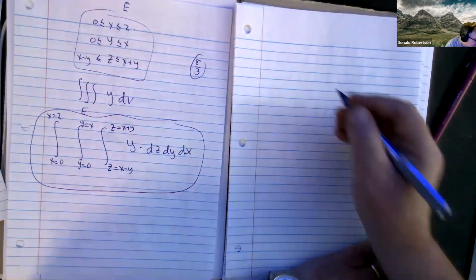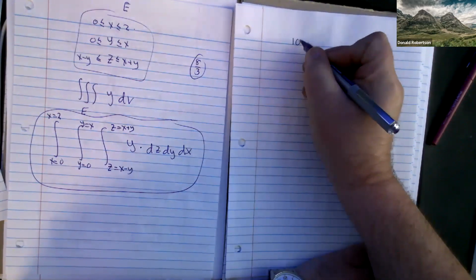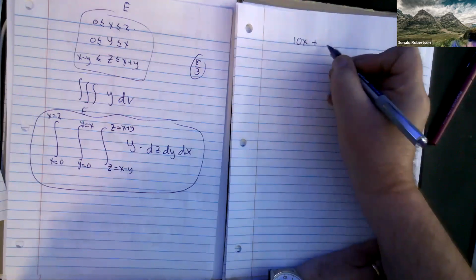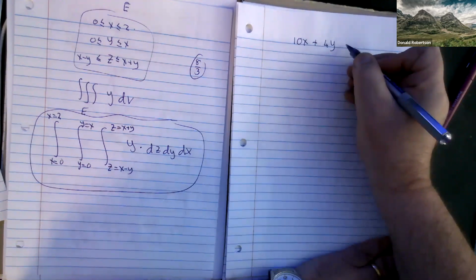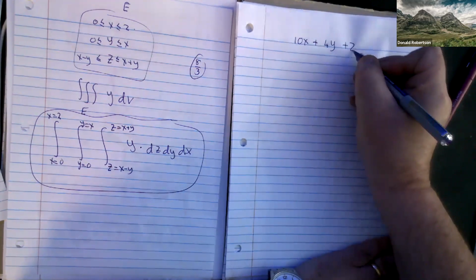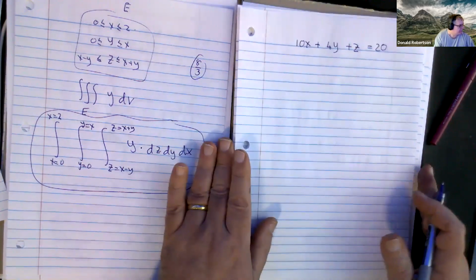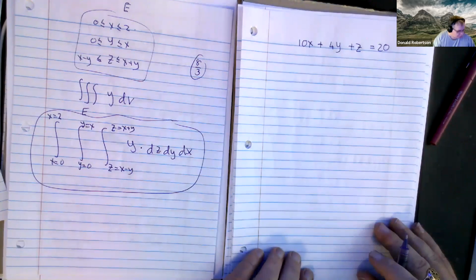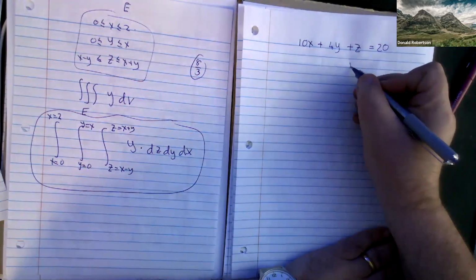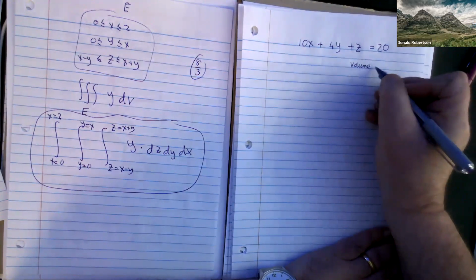So in this question, you're given a tetrahedron 10x plus 4y plus z equals 20. Right. And we have to use this triple integral to find the volume of the tetrahedron.